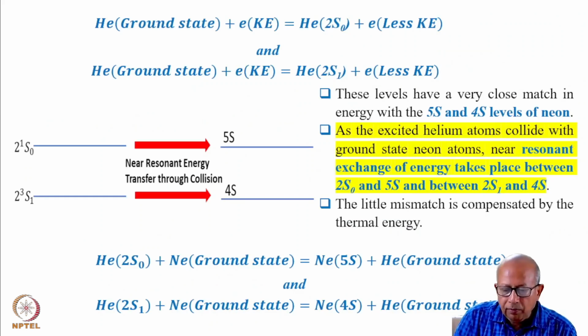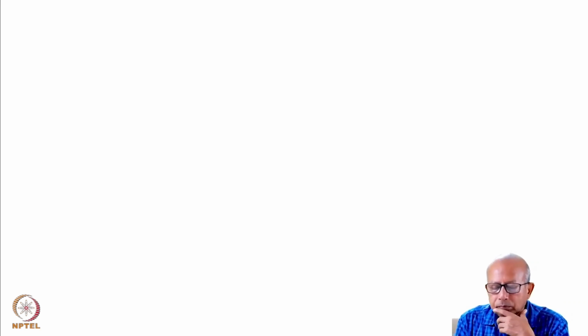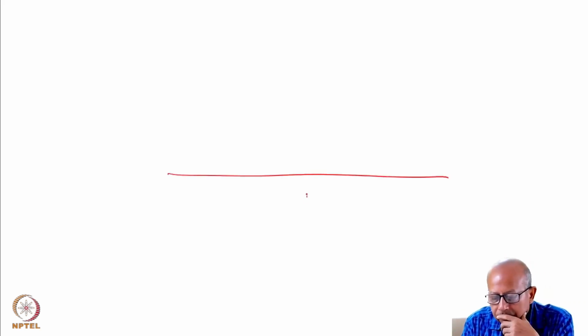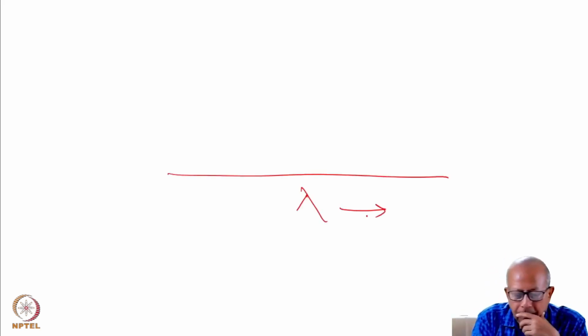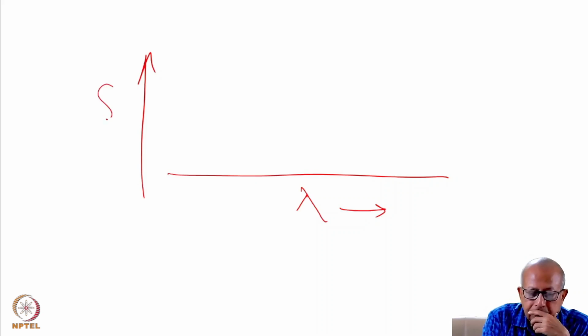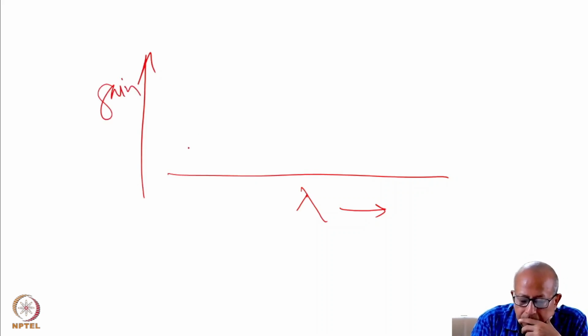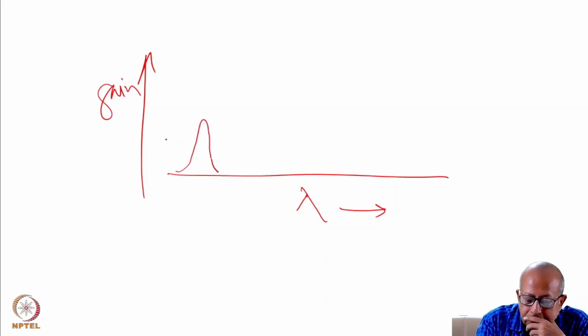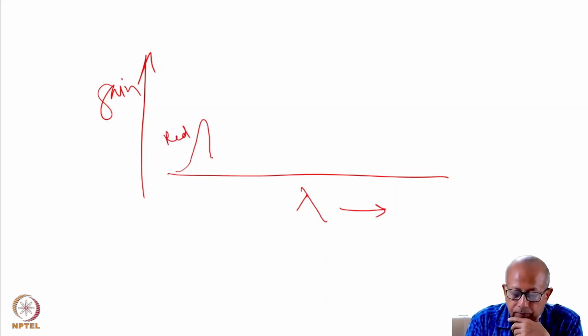Let me elaborate it a little. You see, suppose this is my wavelength and this is the gain. So first the visible transition, let us consider the red line, which of course has the least gain.